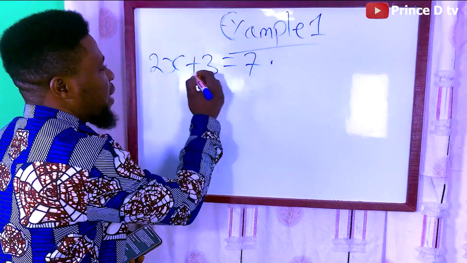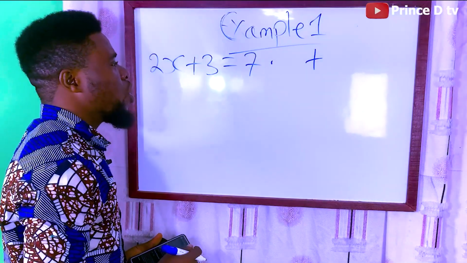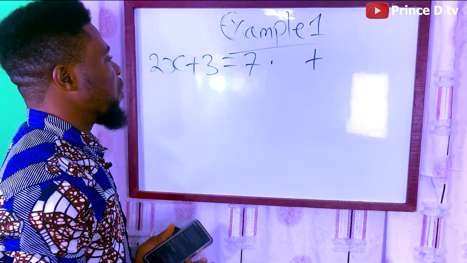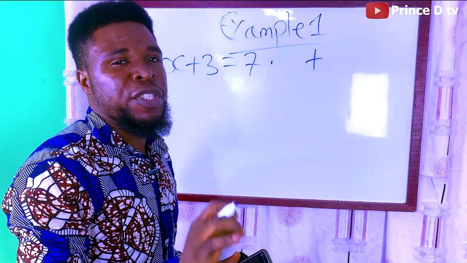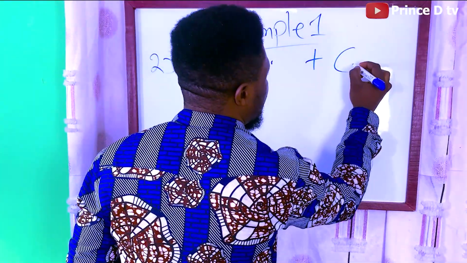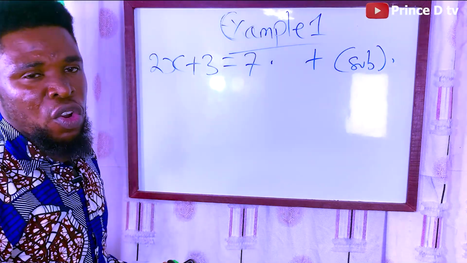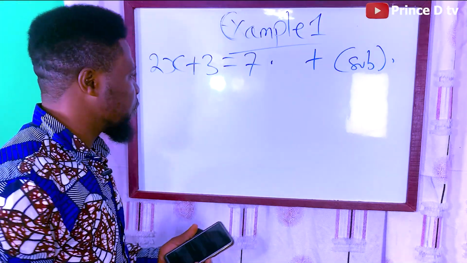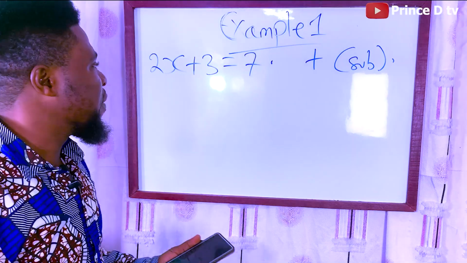When the constant is positive, what do you need to do? Remember, when your constant is positive, you subtract that constant on both sides of the equation. Look at your constant that is there.